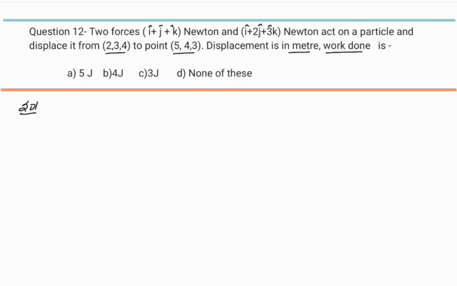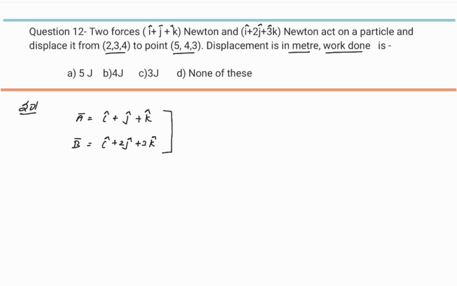Here two vectors are given. The first is vector A, i cap plus j cap plus k cap, and the other is vector B, which is i cap plus 2 j cap plus 3 k cap.